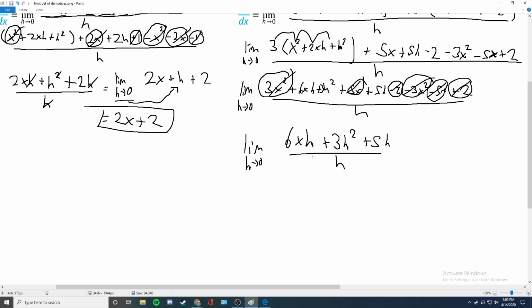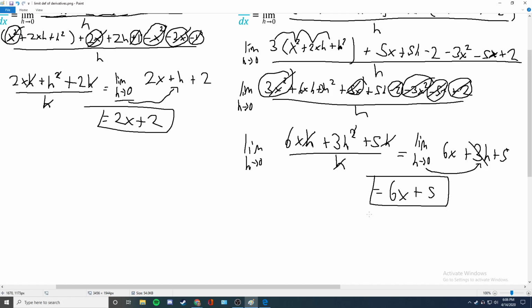Now, again, since all three of these terms have an h and we're dividing by h, we can cancel one h from each of these terms out, which leaves us with the limit as h approaches 0 of 6x plus 3h plus 5. So once again, we're going to plug 0 in for h, which will get rid of this term, and it leaves us with our derivative as 6x plus 5. And this is our final answer for the derivative.